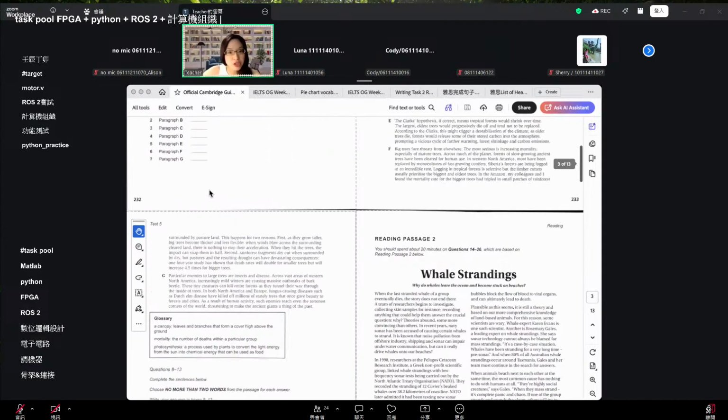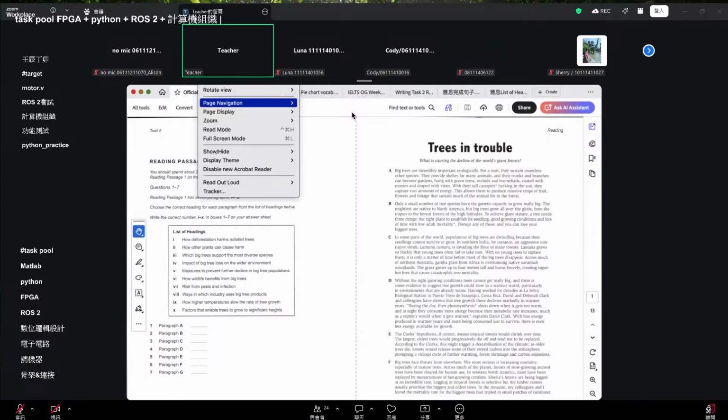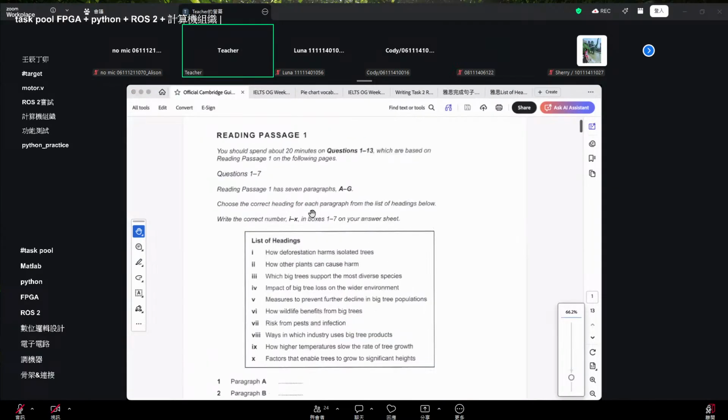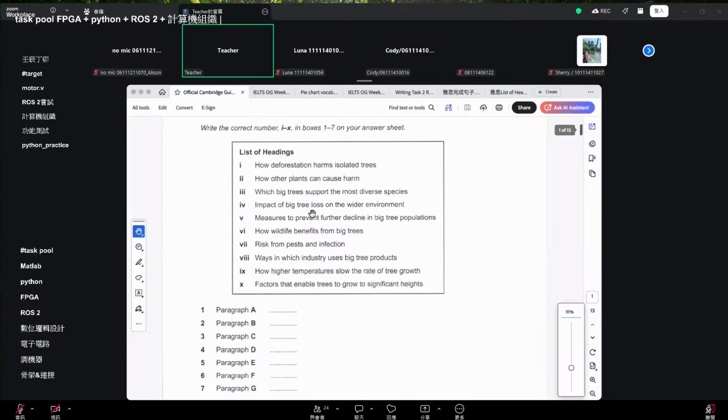Now, let's go for the trees in trouble. If we were to deal with this type of question, list of headings, let's change the view into single page view. There's no repetition, so each one of those answers will be used only once. When we have the list of headings, we know there are always more than necessary.